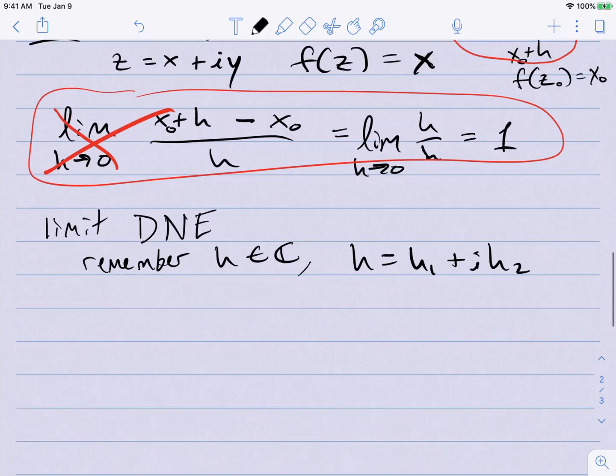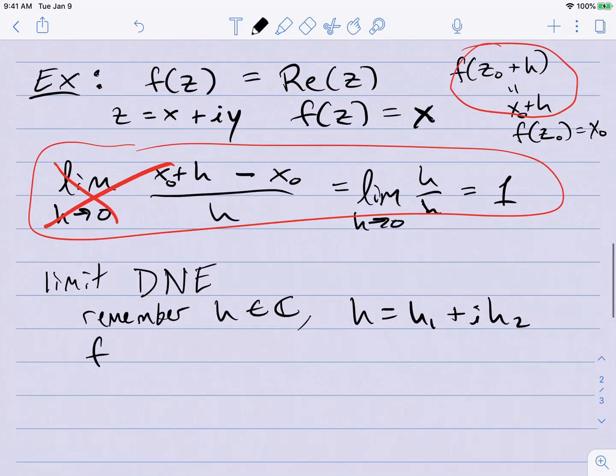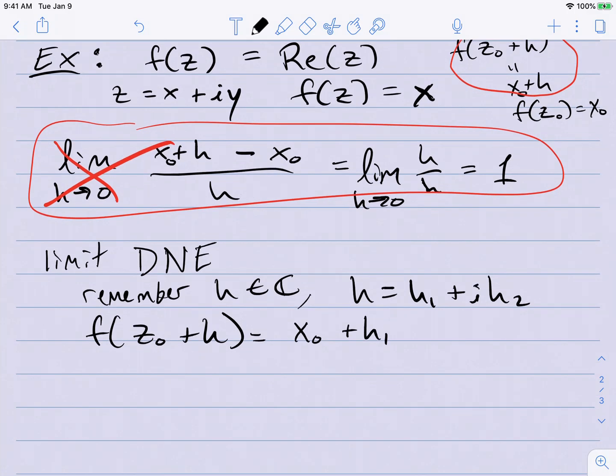Okay, in that case, now let's see. So f of z0 plus h is what? It's the real part of the sum here, which is the sum of the real parts. So it's going to be equal to x0 plus h1. And this is really going to mess things up.